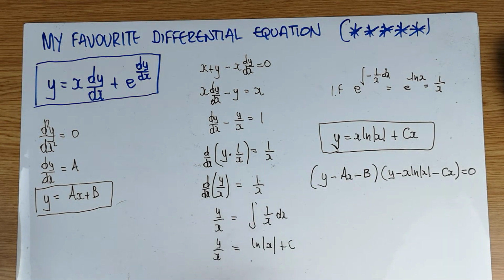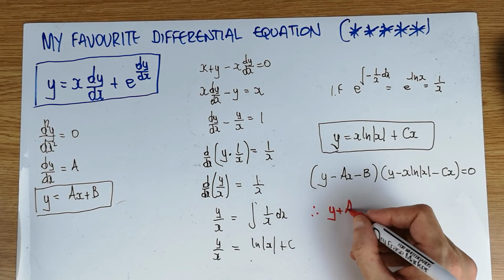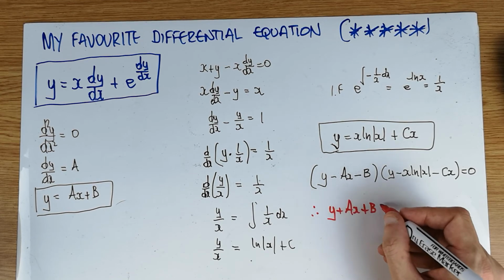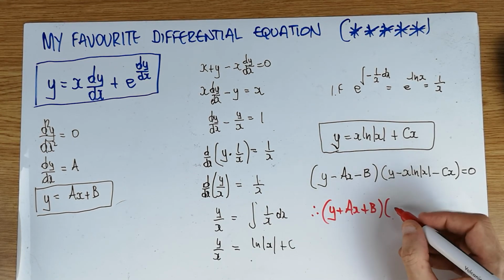Therefore, the solution, so I'll just write in a different color pen. What pen shall I use? Some nice color. We got a red pen. Therefore, the solution will be y plus ax plus b times y.